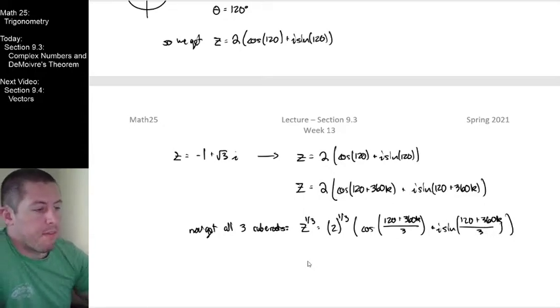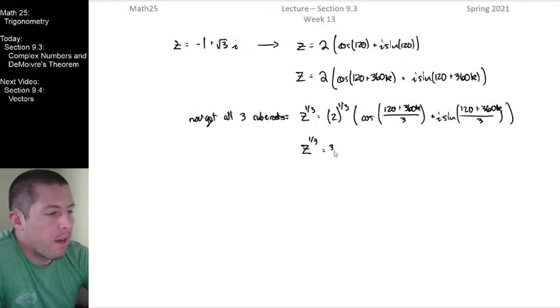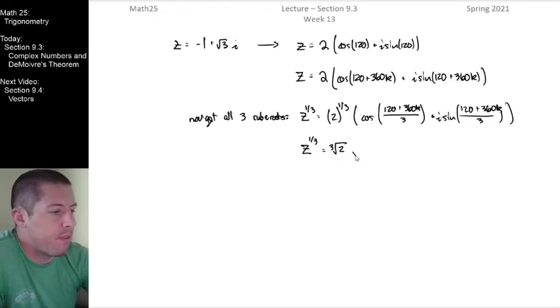And let's do some simplifying here. By the way, another way you could write this: if you write it as a fractional power of 1/3 or as the cube root, either of those is exactly the same thing.